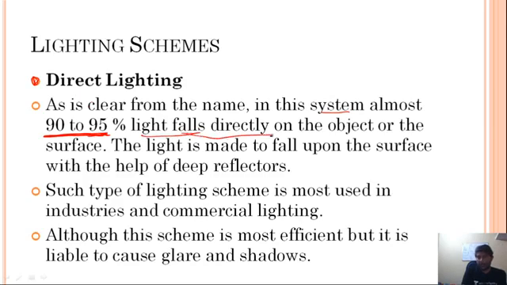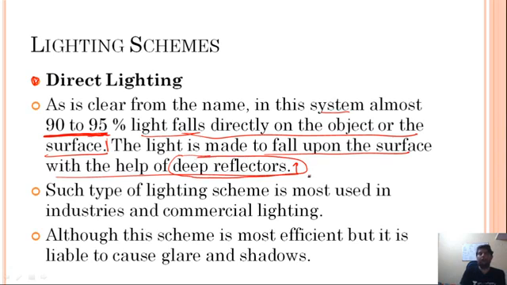Light falls directly on the object or the surface. Okay, so 90 to 95% of light falls directly on the object or the surface. Light is made to fall upon the surface with the help of a deep reflector. So in this lighting scheme we use a deep reflector.